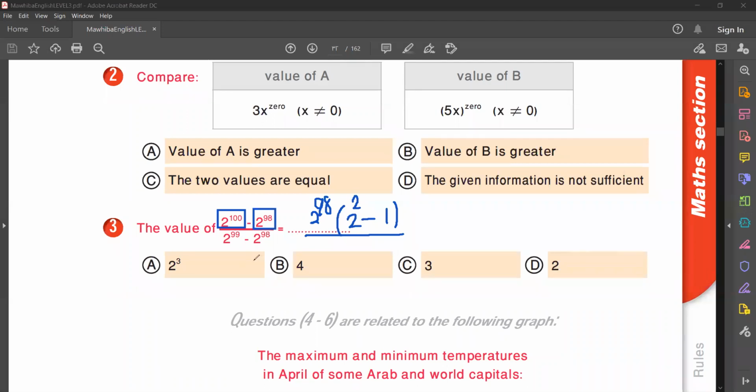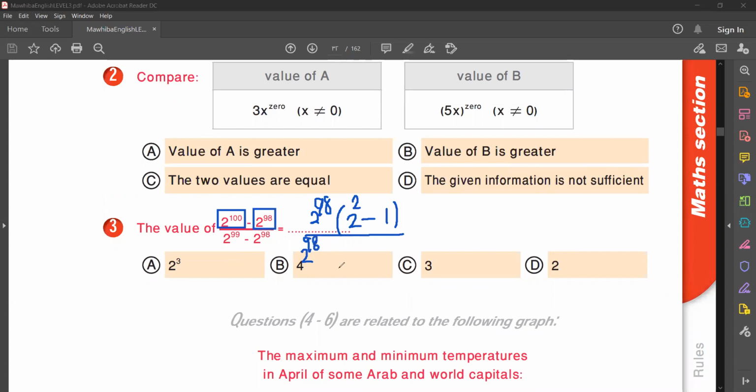What is a common factor also? It is the smaller of the exponents. It is 2 to the power 98 here.